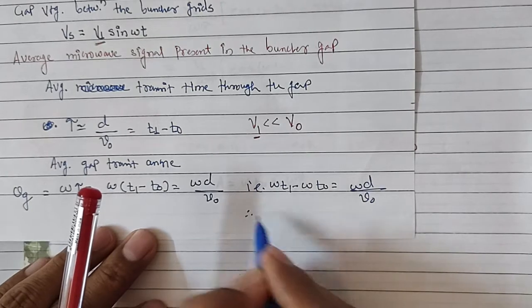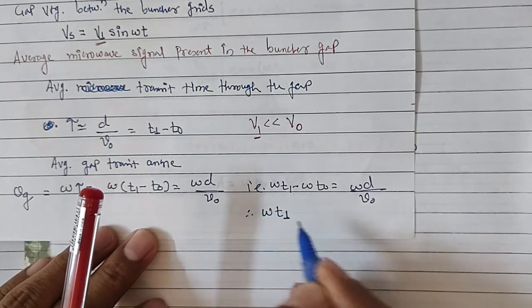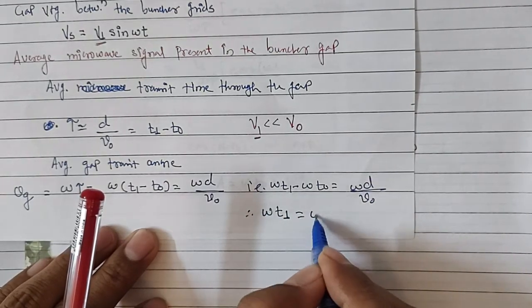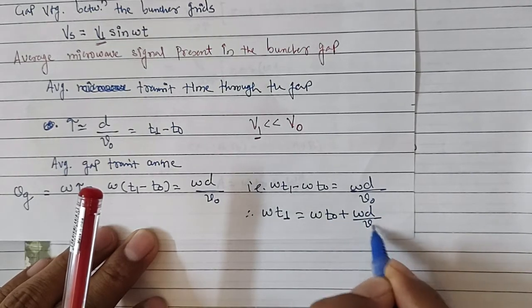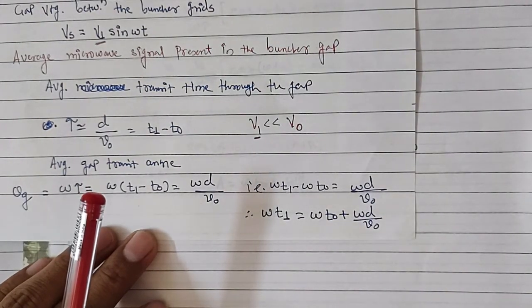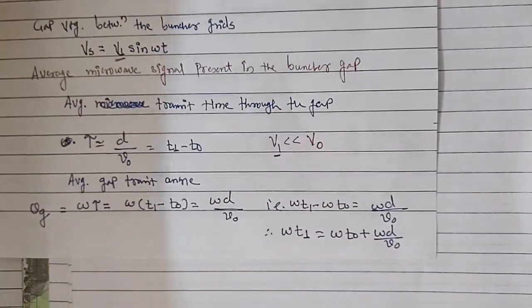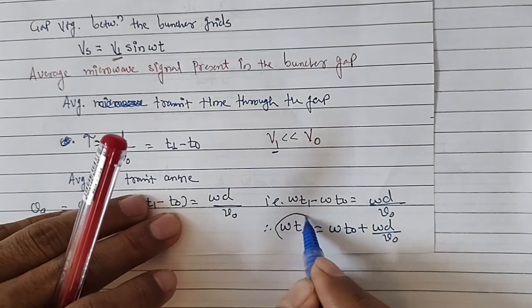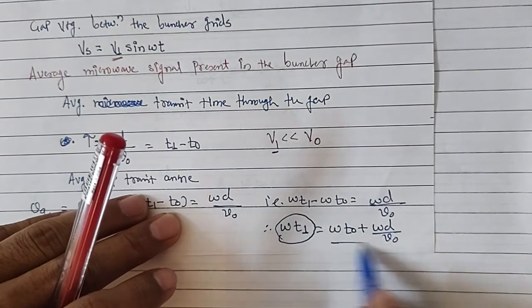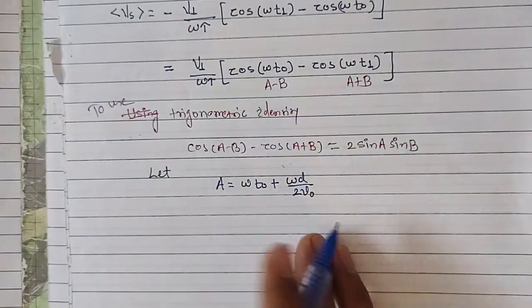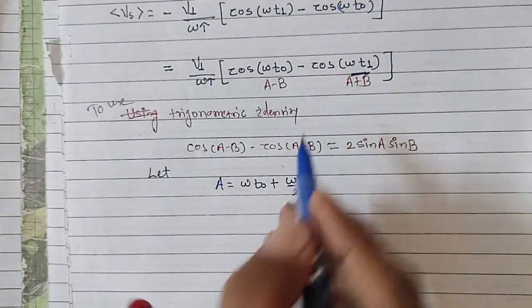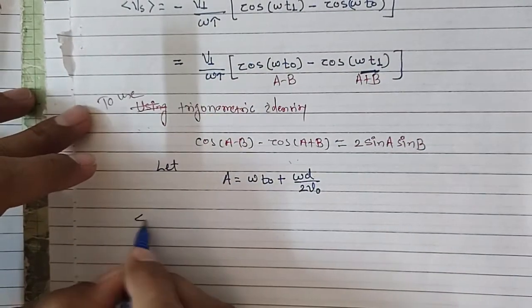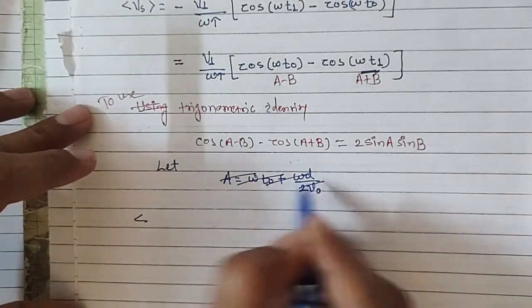So always we can write omega t1 is equal to omega t0 plus omega d by v0. So replace omega t1 with this, where we have omega t1.